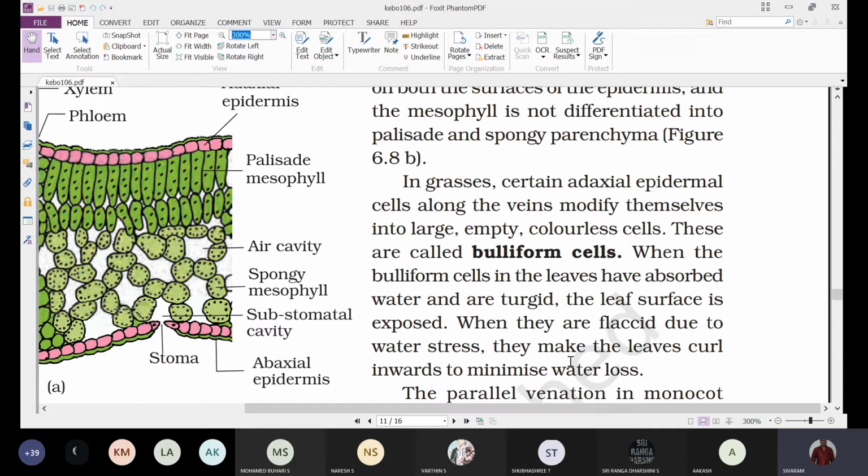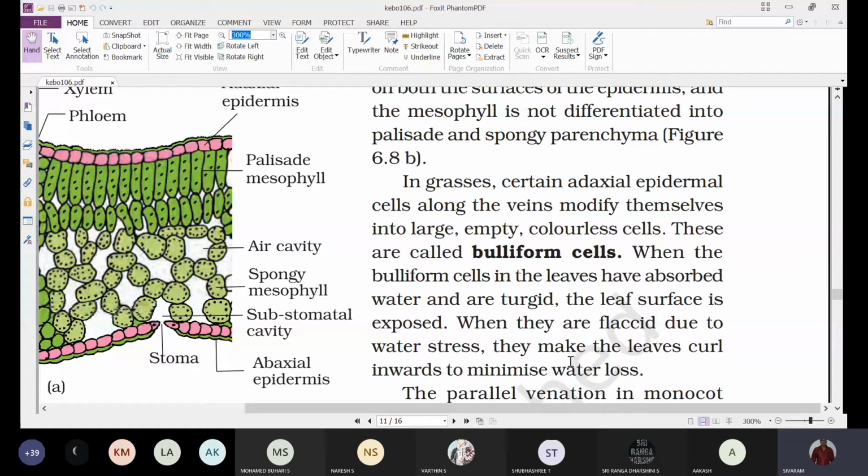Depending upon the environmental conditions, when you observe the leaves of the grasses, they will roll and they are able to unroll by themselves.